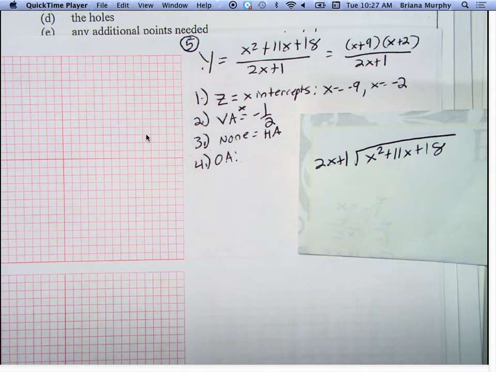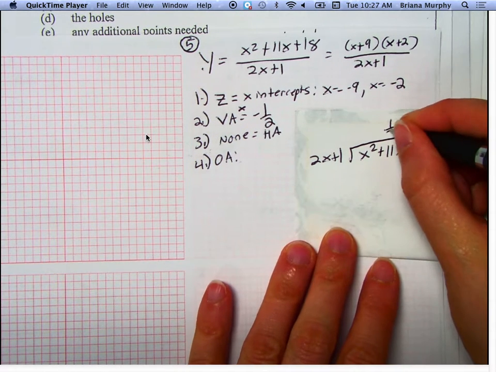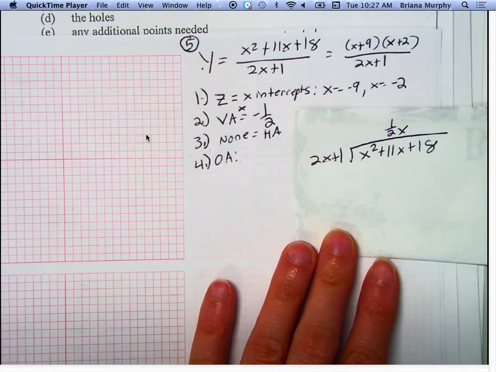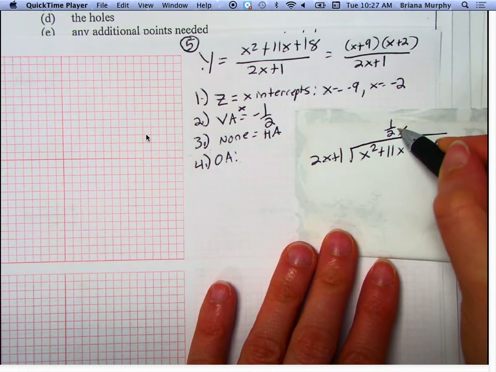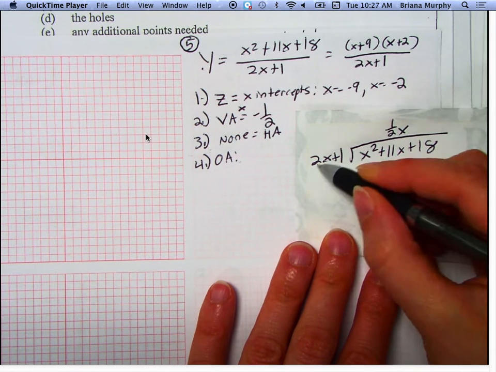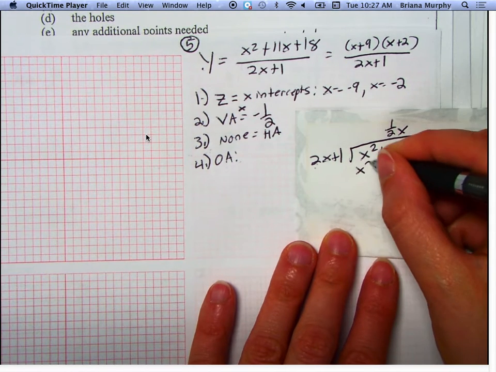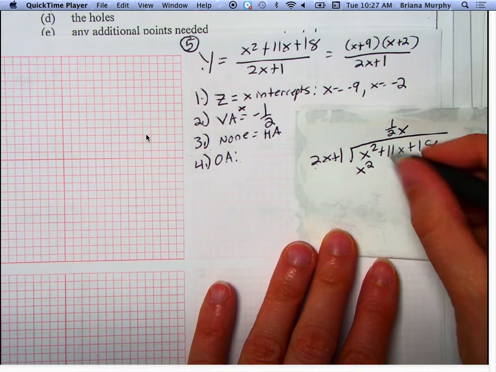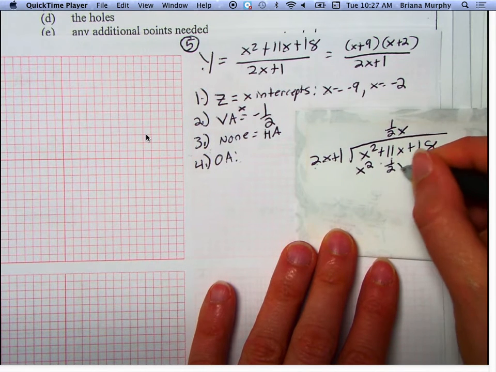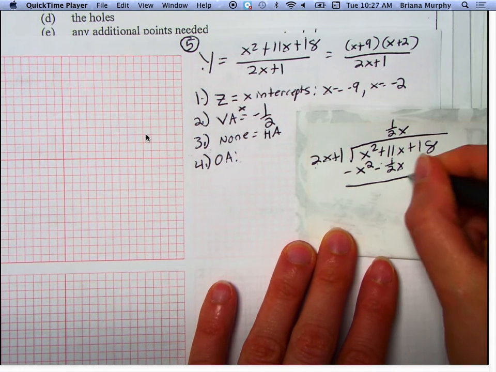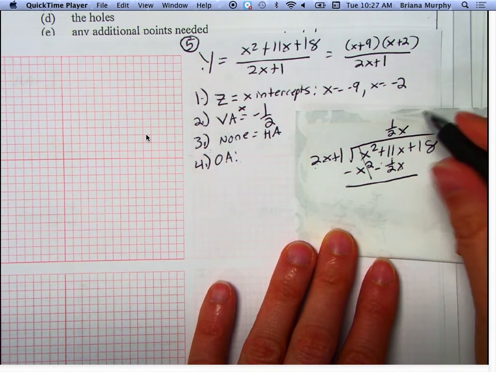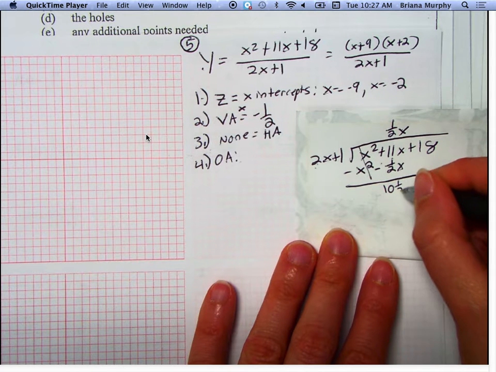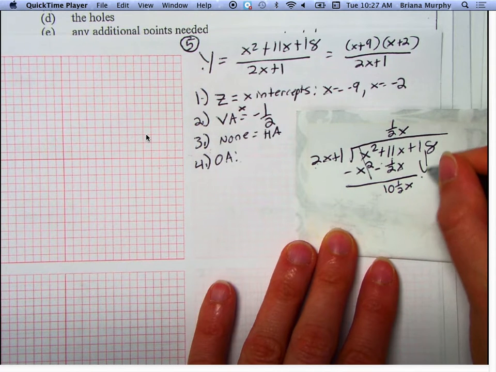What times 2x gives me 1x squared? 1/2 x. 1/2 x times 2x gives me 1x squared. 1/2 x times 1 gives me 1/2 x, and we're going to subtract them. These cancel. I get 10 and a half x, and I'm going to bring down the 18.